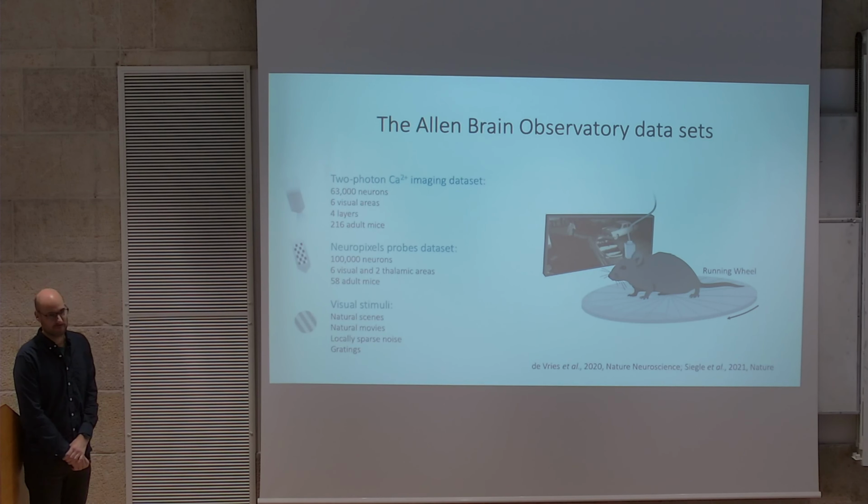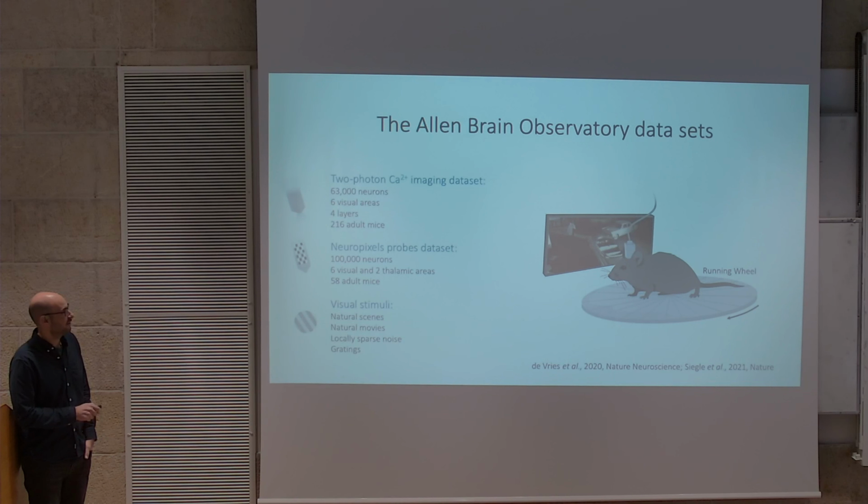This is several data sets. One consists of 2-photon imaging data sets from tens of thousands of neurons in 6 different visual cortical areas across 4 layers, hundreds of mice that were head fixed and presented with different visual stimuli.